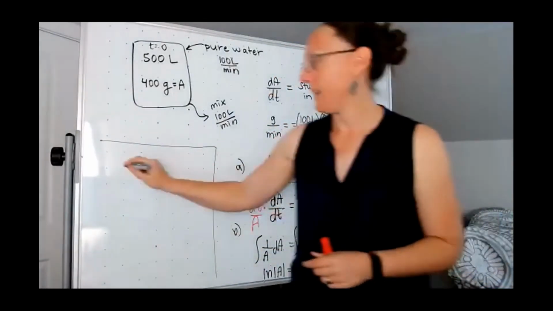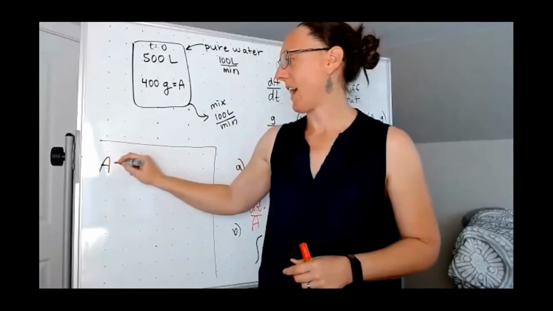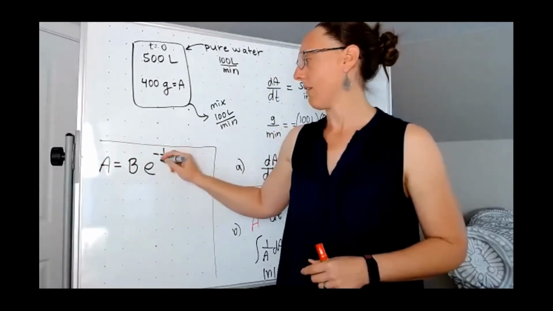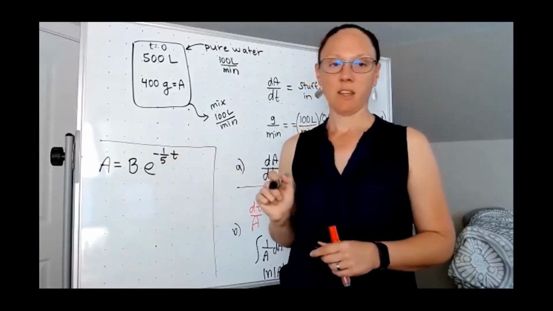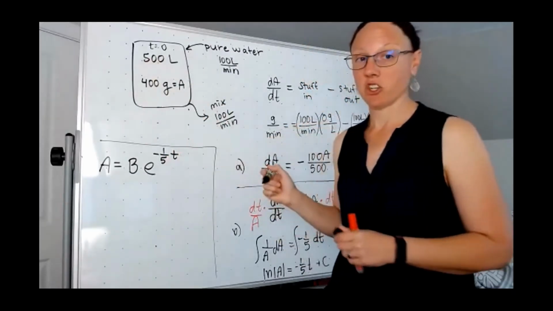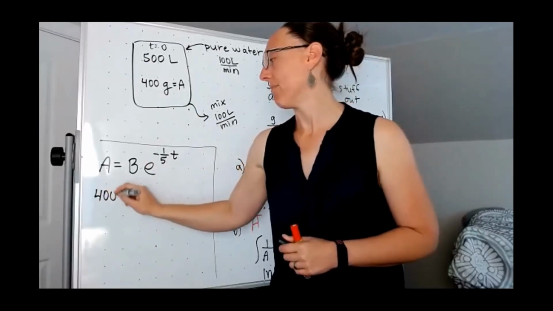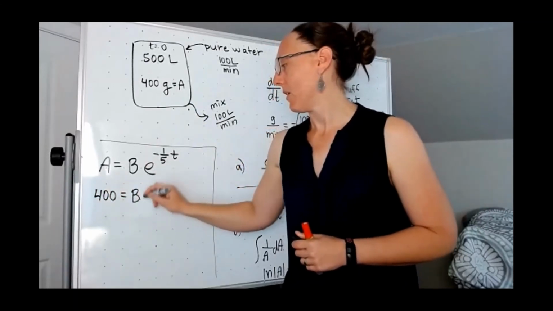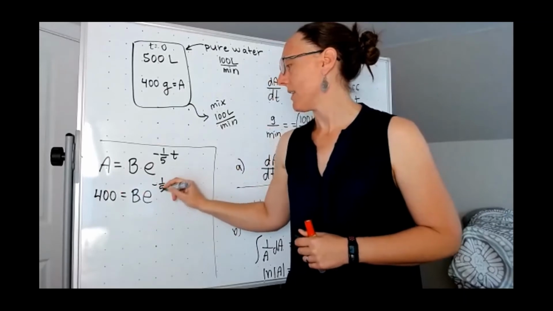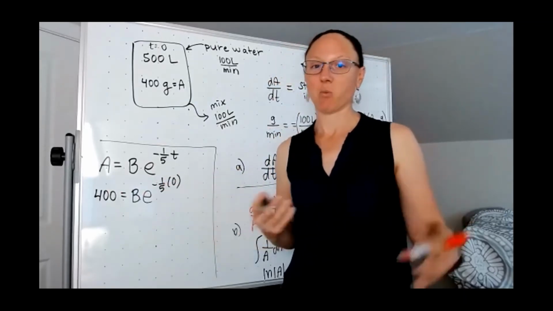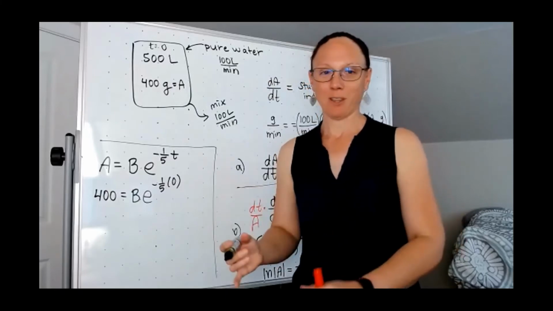So right now what we've got is A is equal to B e to the -1/5 t. And if I look at this initial condition, I know that A should be 400 when T is 0. Just another place that if you're rushing on a test, don't make the mistake.